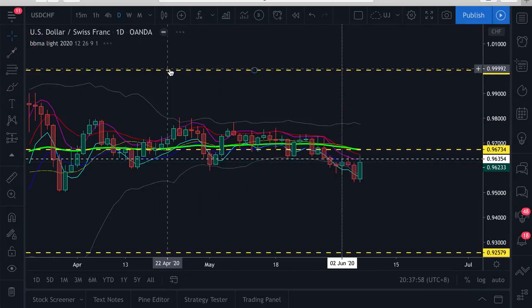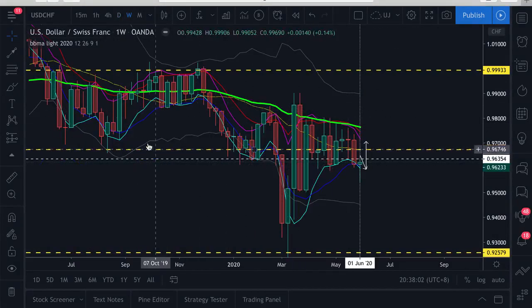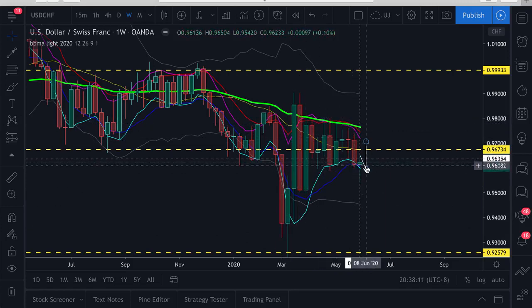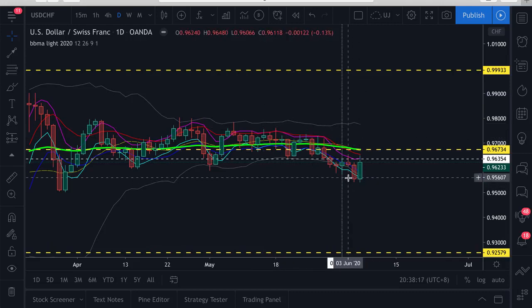So in weekly, we can see that it's currently at the re-entry buy. This is the extreme TPW. This is MHV buy. Okay, so on daily, we can see the price is making an MHV buy, and this is a bullish engulfing.